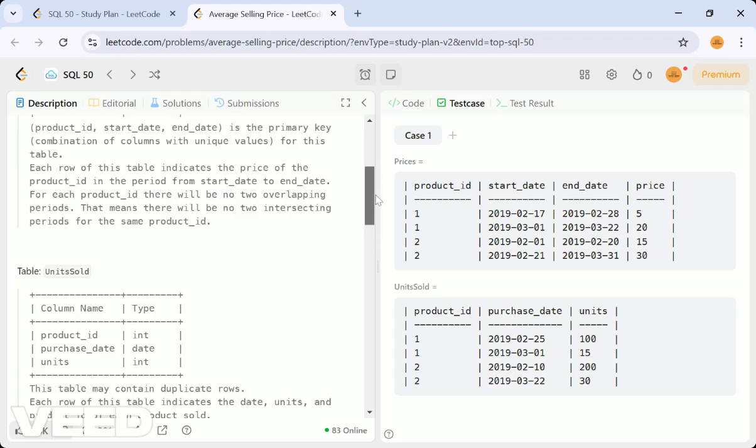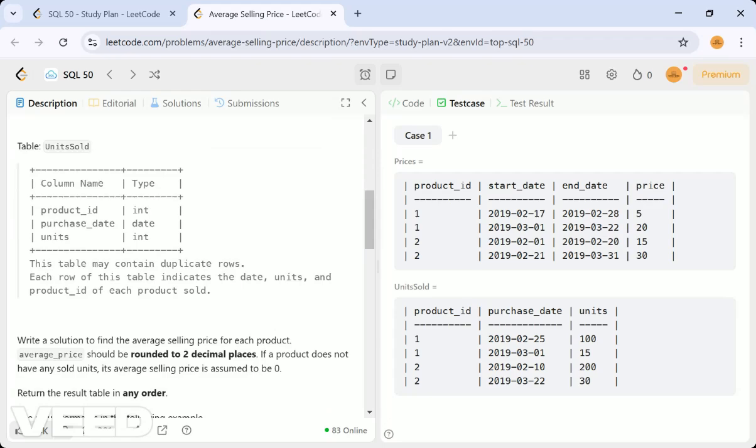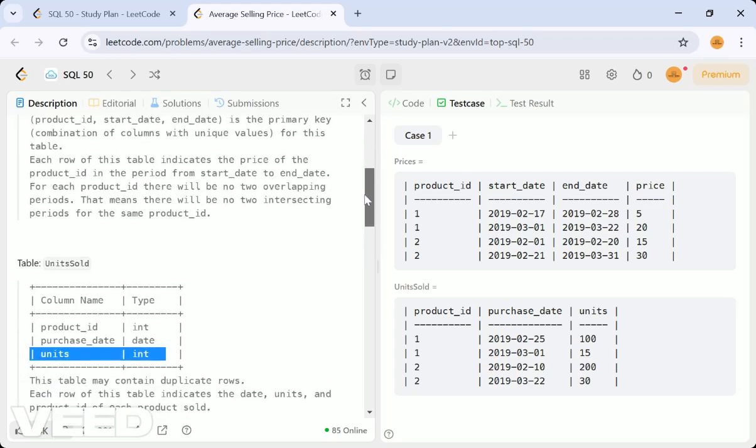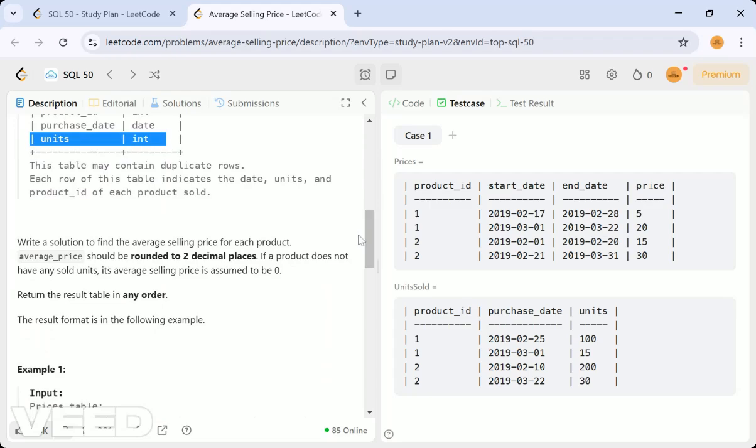If one item costs you 5 rupees, then buying two items costs 10 rupees. So the average selling price is based on units. We multiply units by price and divide by the total number of units, and that gives the average selling price for that product.